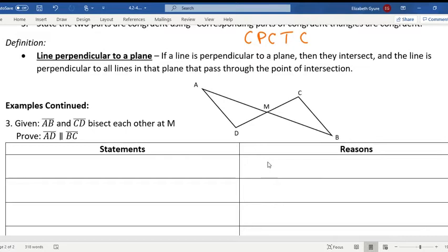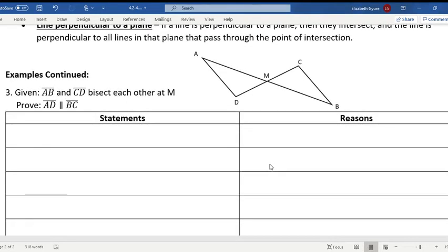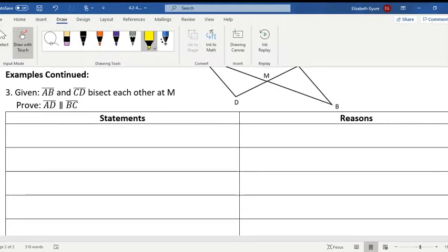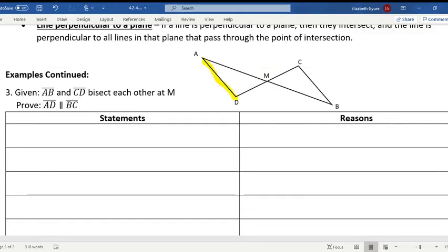All right, so we are given here that segment AB and segment CD bisect each other at point M. I want you to prove that segment AD is parallel to segment BC. Now, we dealt with parallel lines a lot last chapter, right?